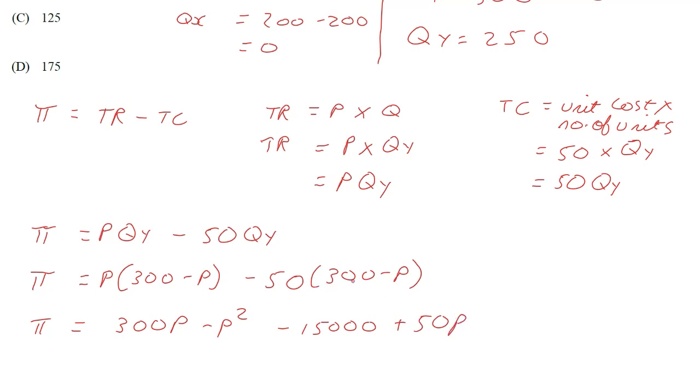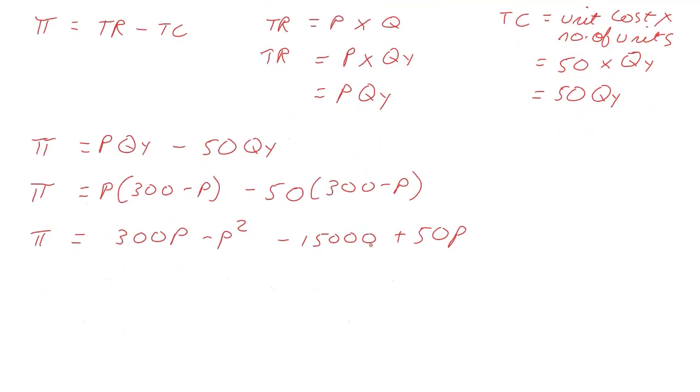And now our next step is to find the first order derivative, differentiating profit with respect to price. This is basic 11th standard differentiation.